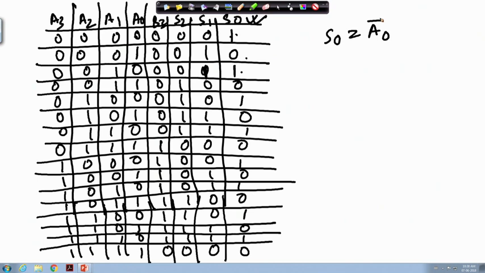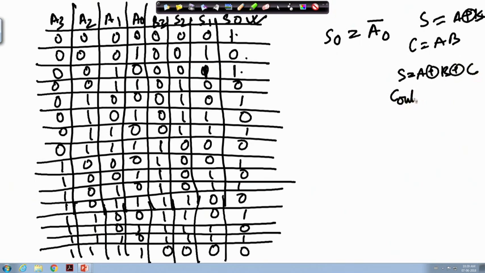If you think about the adder architecture, how it works: for sum it is A XOR B, and for carry that is A and B. If I choose this as 3 inputs, then it will be A XOR B XOR C, and the carry out will be AB plus BC plus CA.